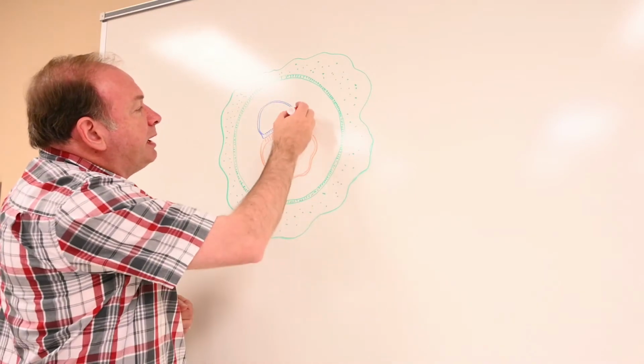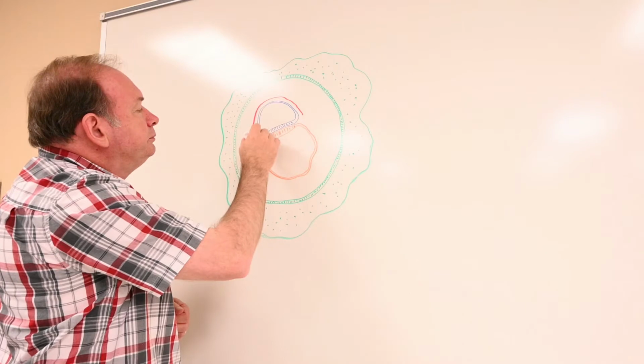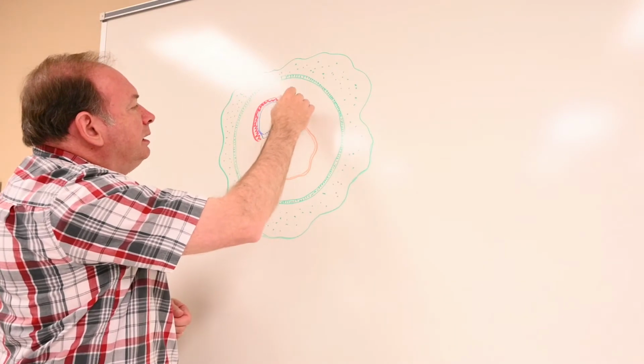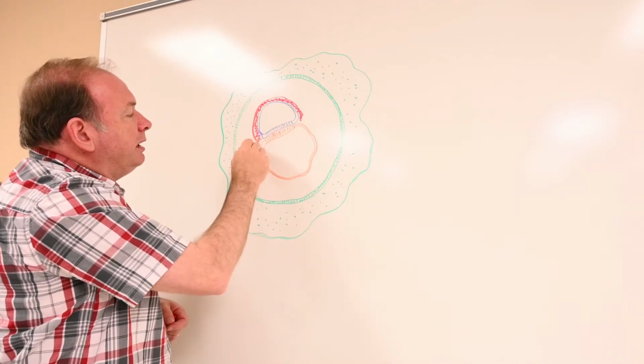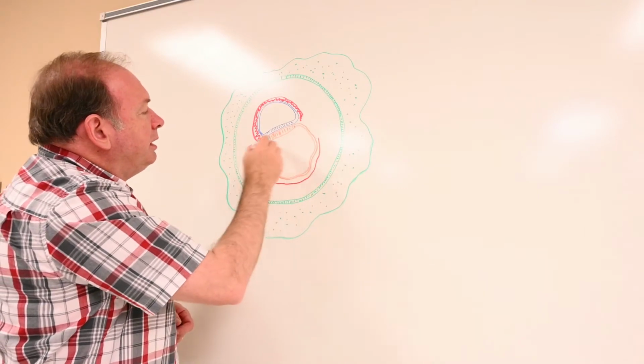And now, surrounding that, there's a layer of mesoderm. Kind of scratch that in there. A layer of mesoderm to the outside of the ectoderm there, and a layer of mesoderm to the outside of this part here.